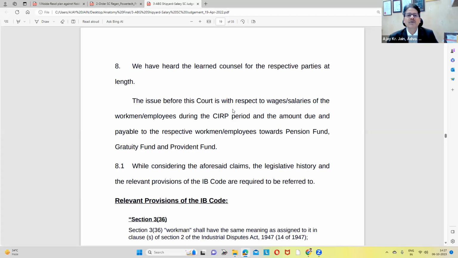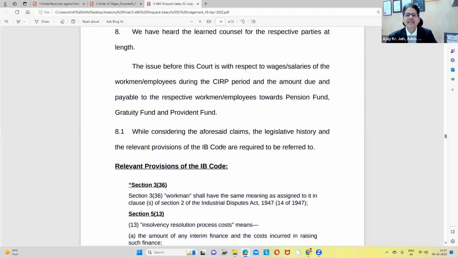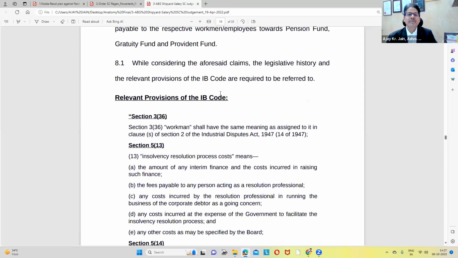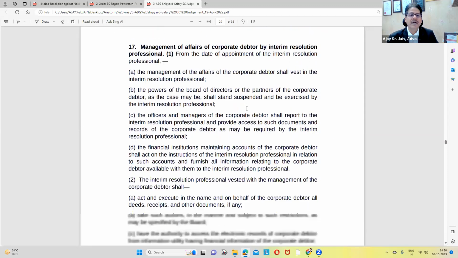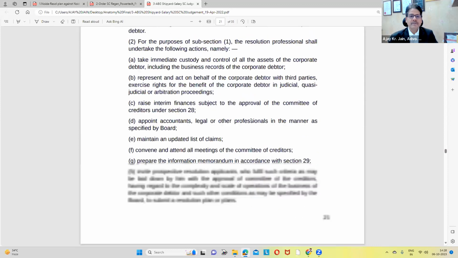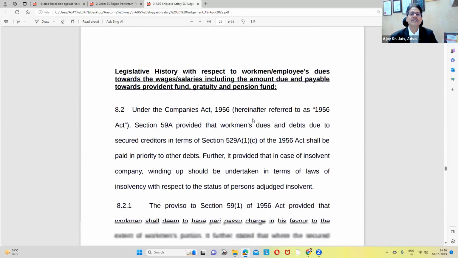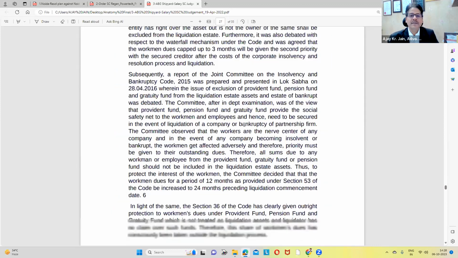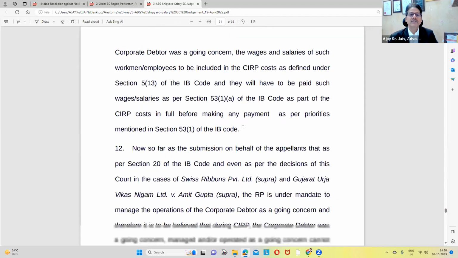The issue before this court is with respect to wages, salaries of the workmen or employees during the CIRP period and amounts due and payable to the respective workmen. PF and pension, that is 100% allowed. Now come to salary part.